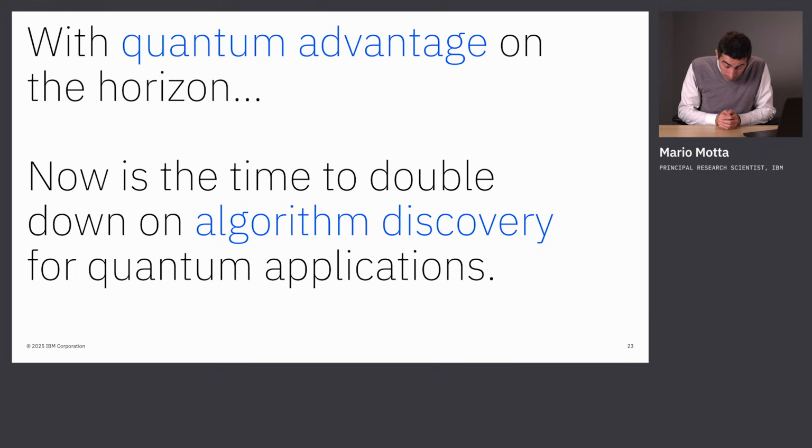I'm going to conclude on a note. The note is that one of the overarching goals of the quantum computing community is to make quantum computers and algorithms useful and indeed advantageous.